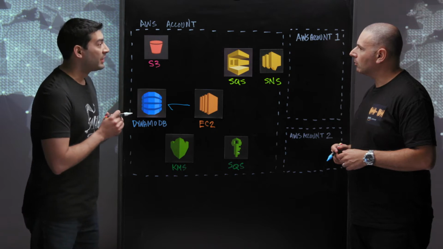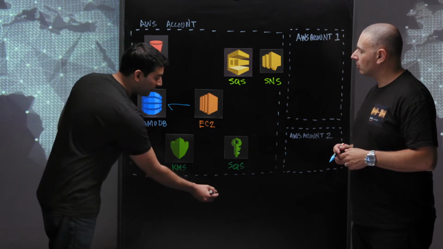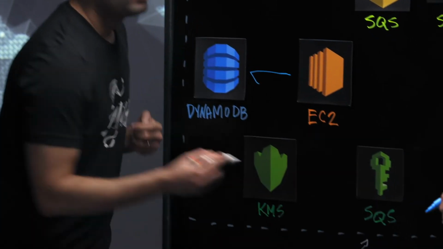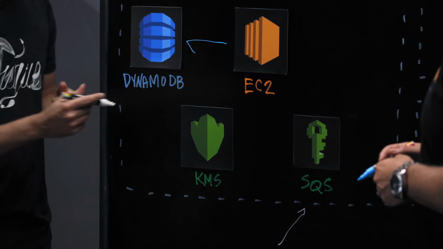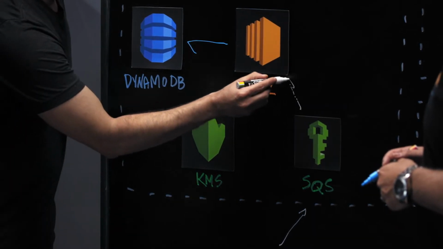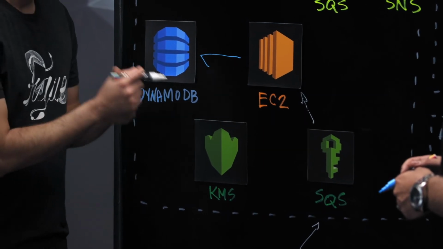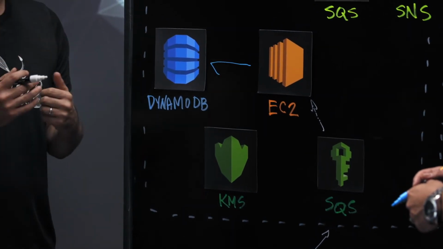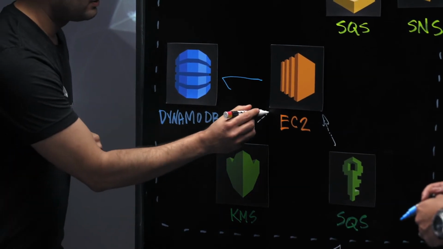We use the SQS queuing system to communicate from the outside world. So people will send SQS messages for anything that they need from the conductor. And that will then interact, authorize. KMS is used for encryption of all the messages as well as the data and security standards, right?